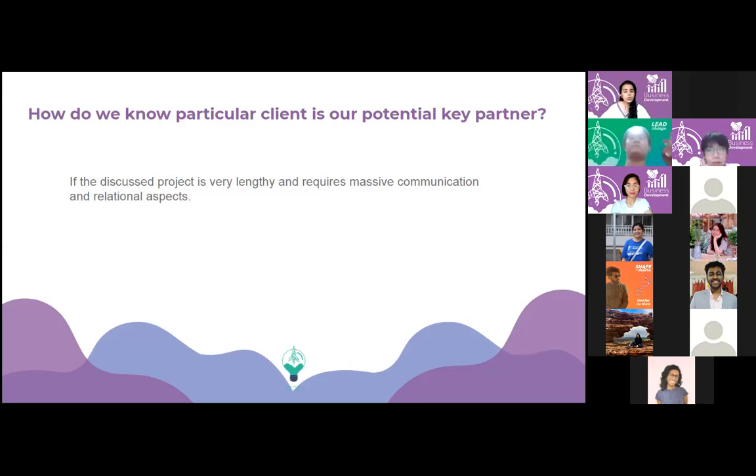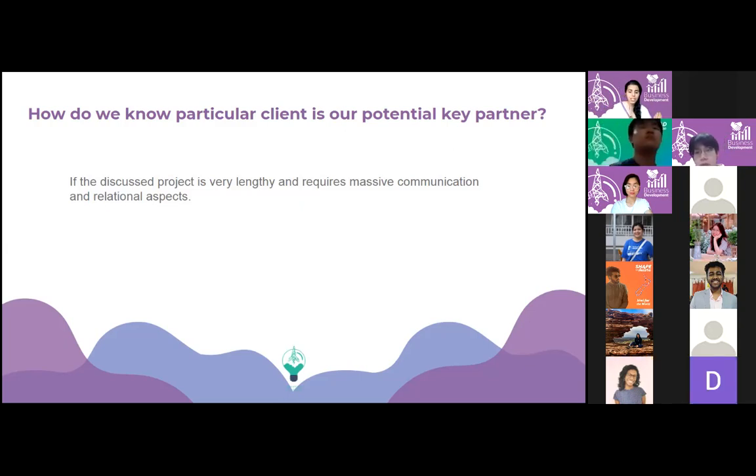There are EPs involved, there are volunteers involved, and everything. It is very lengthy. It's been in the conversation for almost 2 years now. It was supposed to happen last year, but it's happening this year finally. And it still has a lot of things in the back end that require a lot of communication and a lot of human resources investment as well, which is why we actually got seeders for this account.